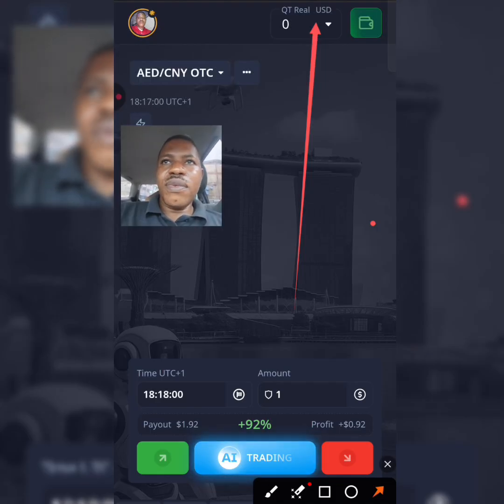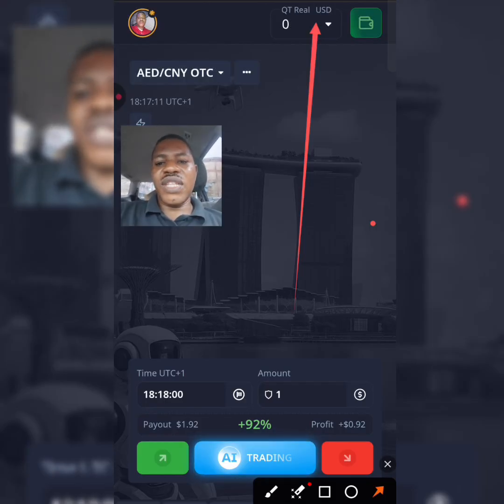What happened was that I deposited $1,000 with a bonus of 1,000, making it 2,000, and I got to 11,000 plus within 5 days, and I withdrew it weekly from Pocket Option to pay. So that is why you're seeing that my account is empty.